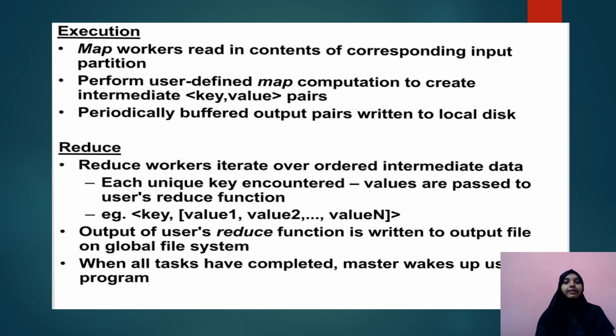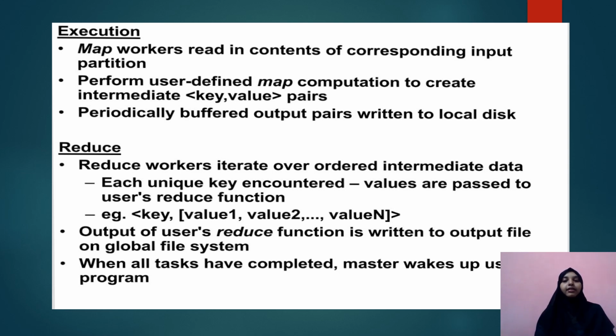So now let's have a look at the execution part. Map workers read in content of corresponding input partition, perform user-defined map computation to create intermediate key value pairs. Periodically, buffered output pairs are written to local disk. Reduce workers iterate over ordered intermediate data.